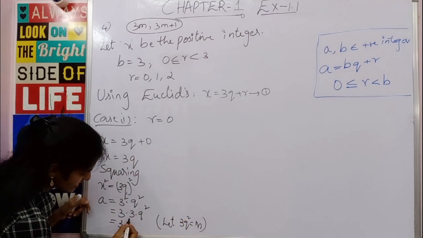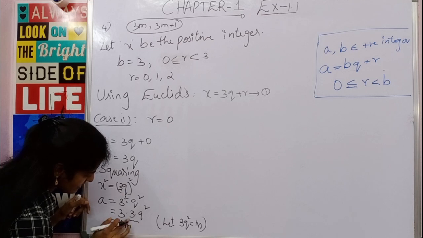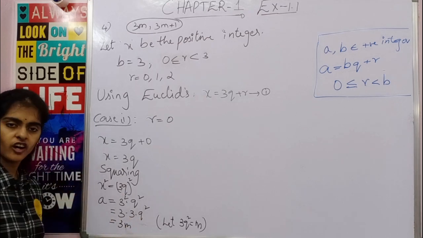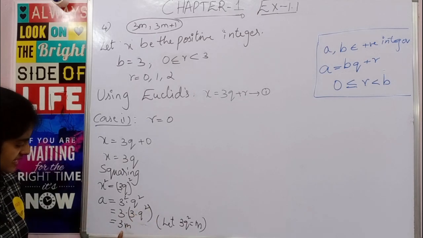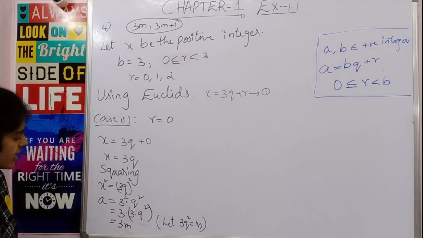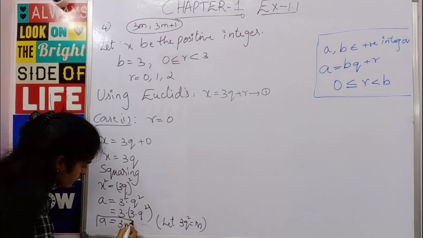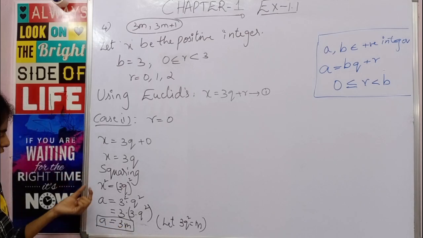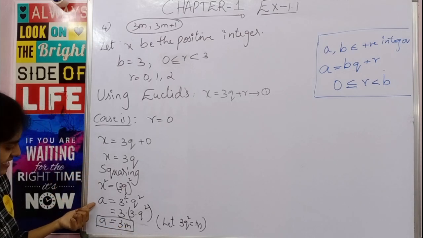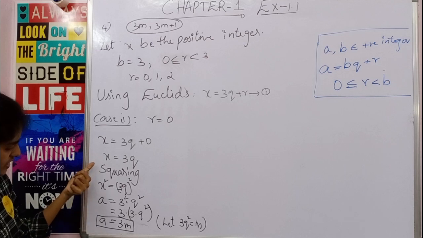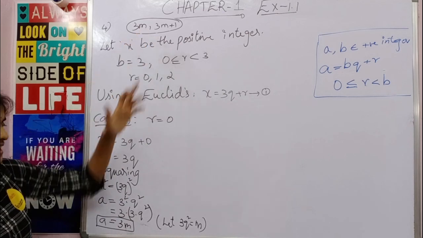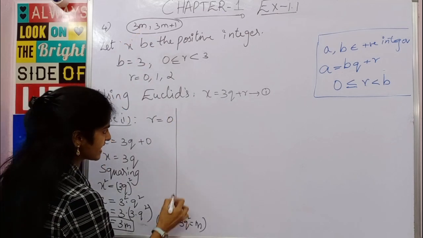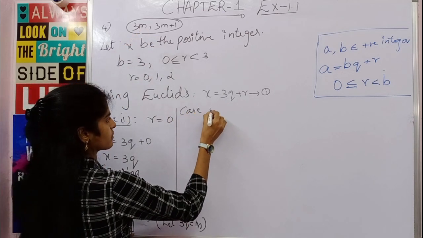Replacing this as m, I can write 3m. So what did I get? A is nothing but the square of this positive integer, and you got it in the form of 3m. Right? So let us take the next case.